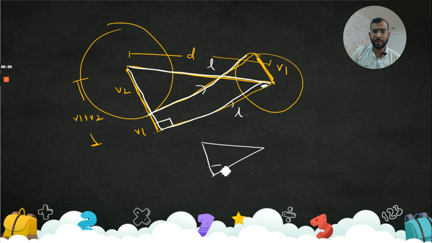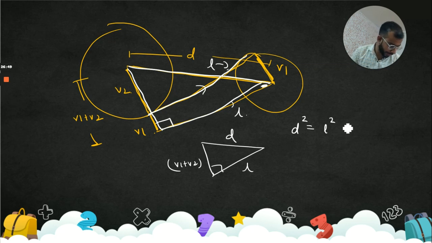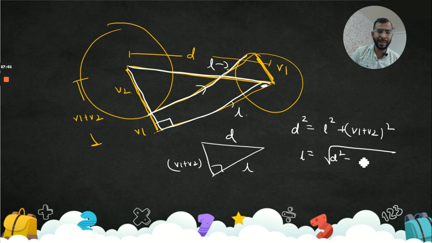So this length is R1 plus R2. ये L ये है, ठीक है, and this is D and this is L. So D square is equal to L square plus R1 plus R2 square. So L हो गया root D square minus (R1 plus R2) square.